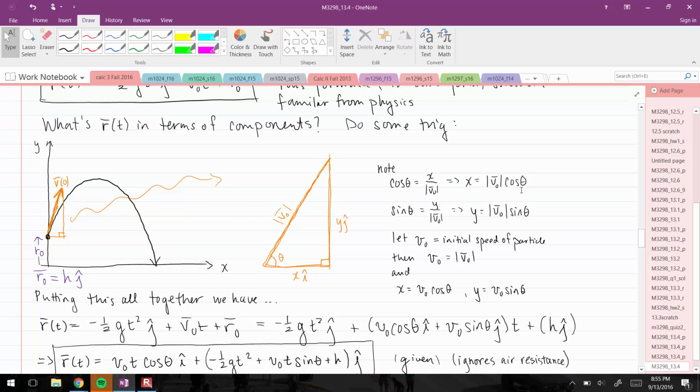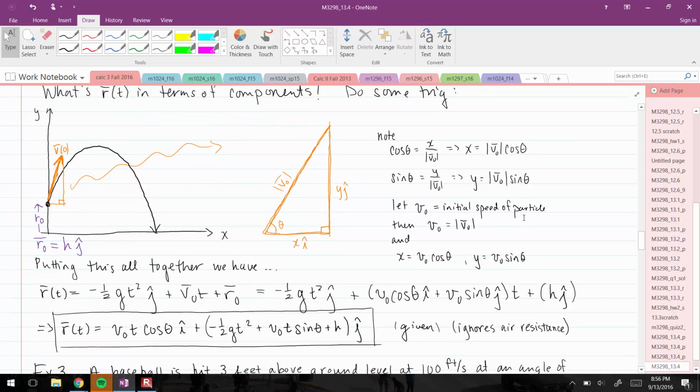Do a bit of algebra there, let's multiply, and then we get our component of the initial velocity for x. Simply the sine of theta for the y. And so now we got that.